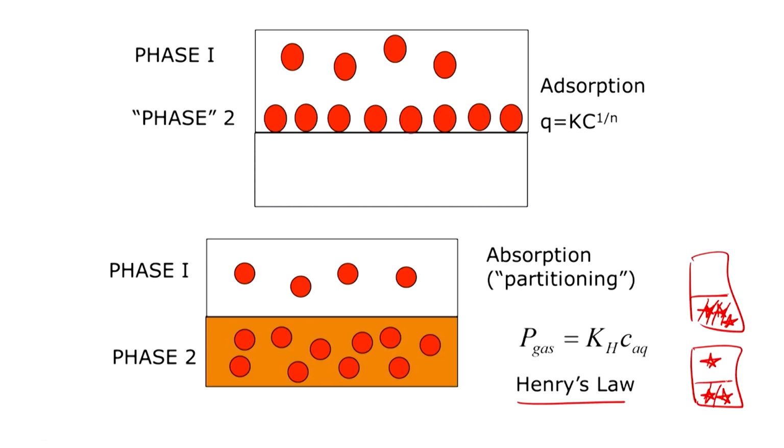The law that gives us an idea about the ratio of the concentration in the gaseous phase to the aqueous phase is Henry's law. I guess I should not have mentioned Kh, it is K, times the concentration in the aqueous phase.